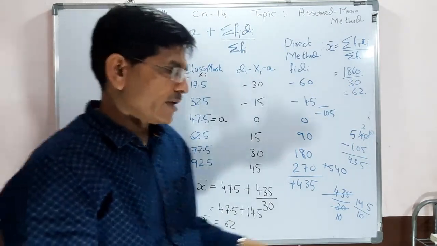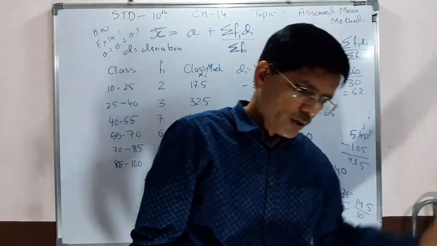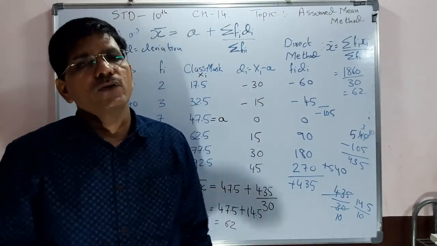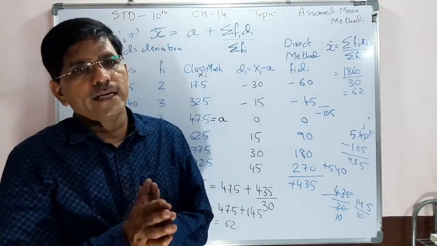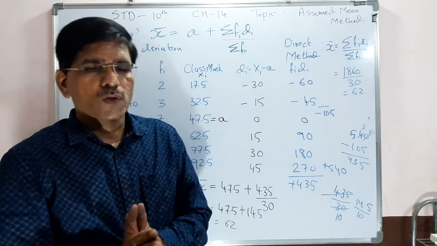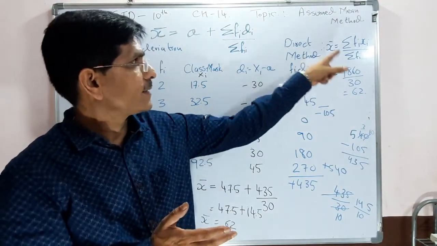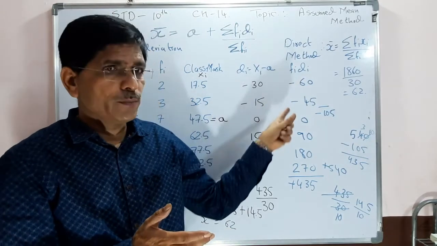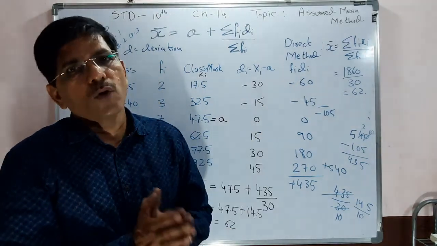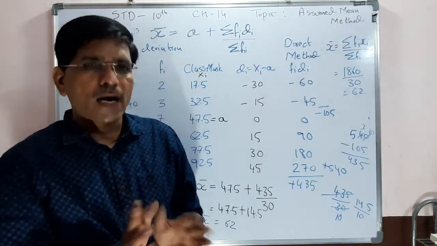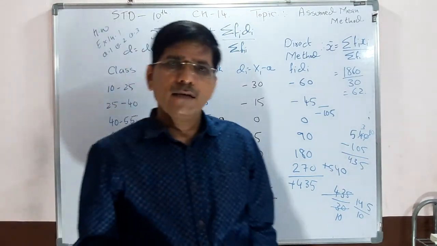In each lecture we take one method. So in mean there are 3 methods: direct method, assumed mean method, and now next we go on to step deviation. Afterward we go on to mode and median.